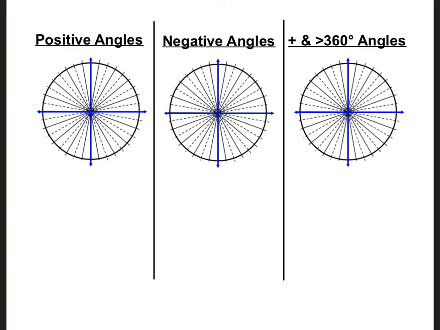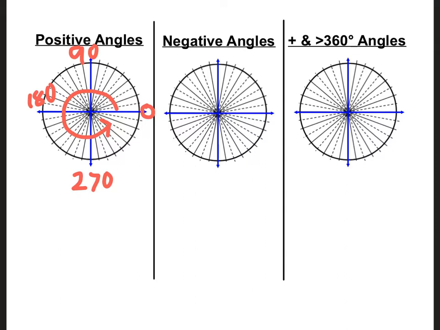All right, we are going to talk a little bit more about positive angles, negative angles, and angles that are bigger than 360. Again, like before, if you're doing a positive angle, you are going to label them with 0, 90, 180, and 270. And then your angles are going to travel counterclockwise, so they'll go that way.